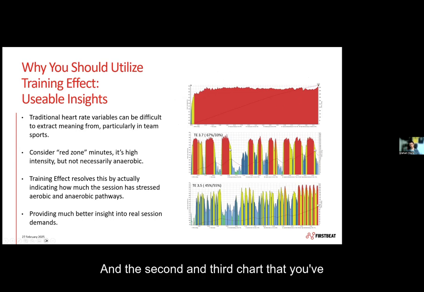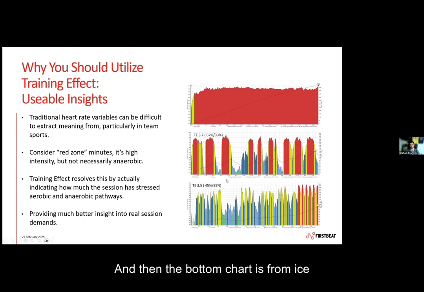The second and third charts on the screen give a really good example of that. The middle of the three is from rugby. So longer work periods, so higher red zone minutes, simply because the body's got more time to get up into those higher zones.